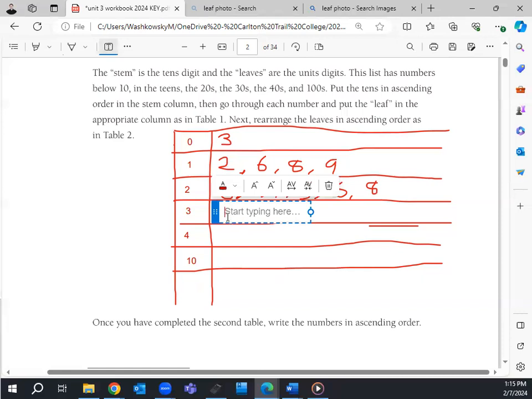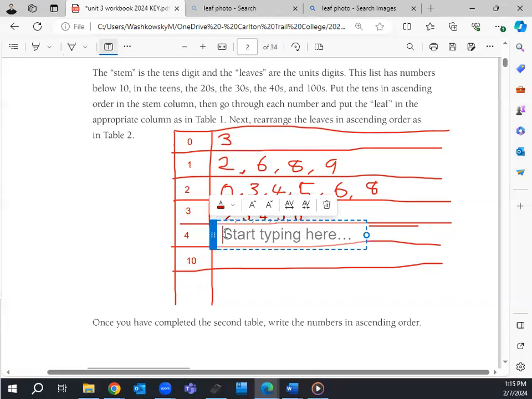For the threes, we'll have a 2, 3, 4, 5, and 6. They're bigger. The fours, we should have a 0, which means 40, a 3.